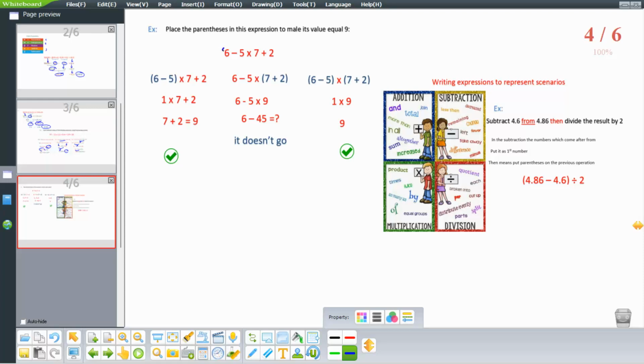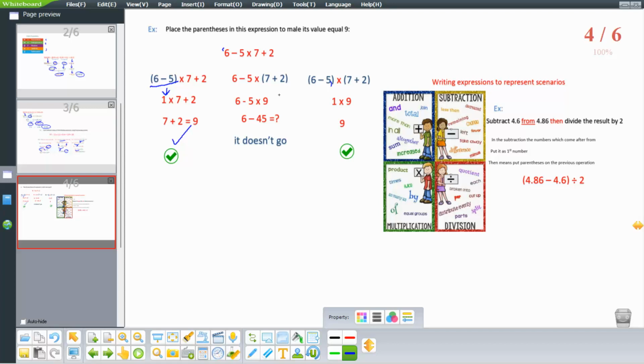If I put parentheses around 6 minus 5, and then 7 plus 2, like this: 6 minus 5 times 7 plus 2. So let's start with 6 minus 5. We will get 1. And then 1 times 7 equals 7. 7 plus 2 equals 9. So we get 9. Okay, this is right.